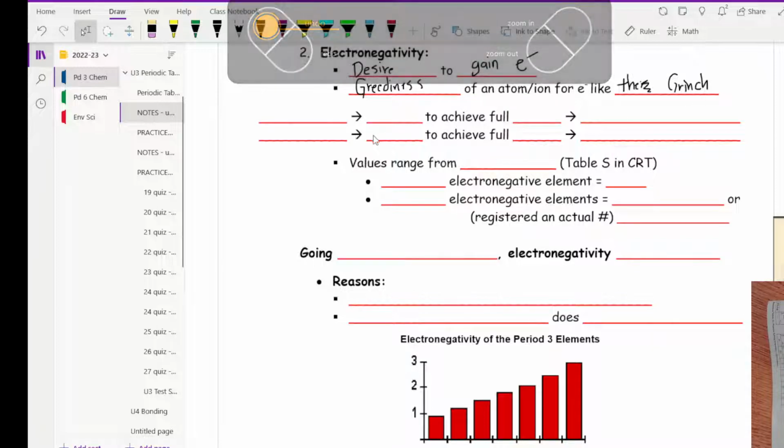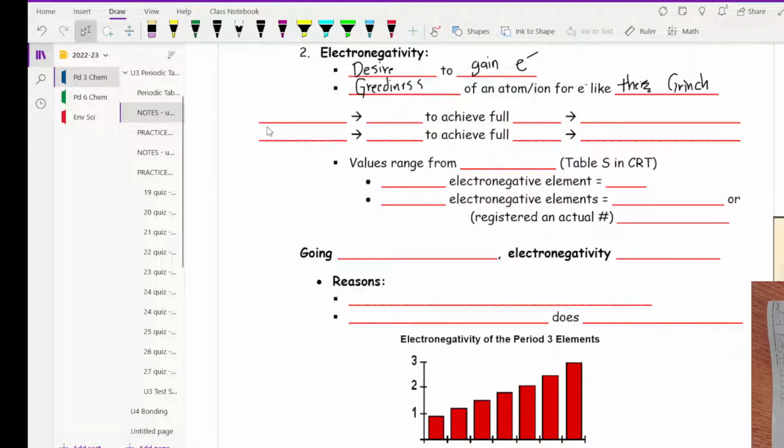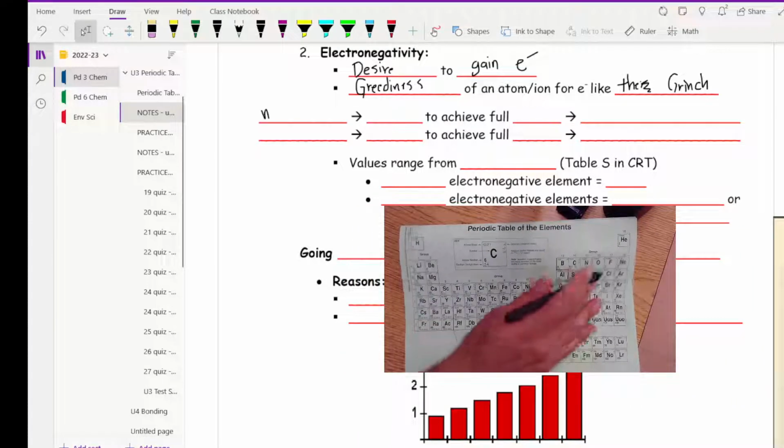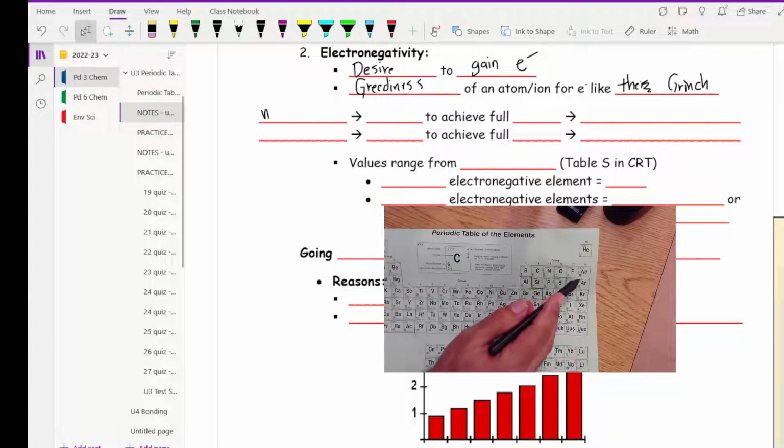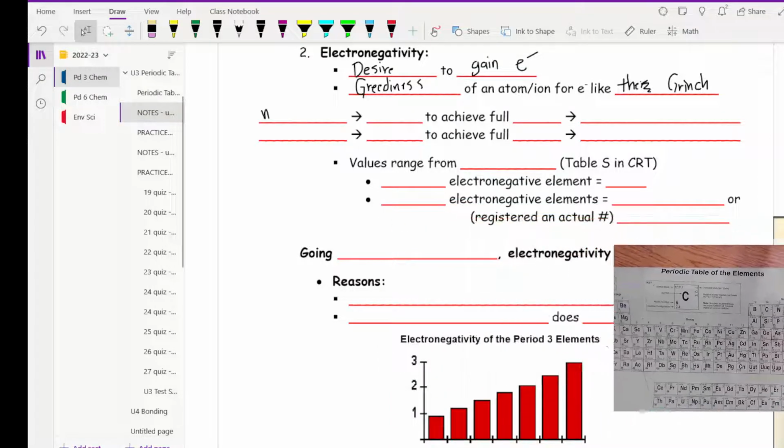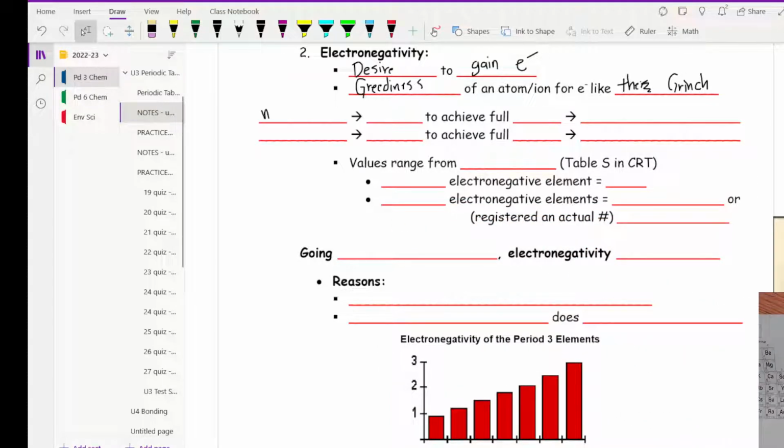The Grinch. Okay. And so the first thing we want to recognize is that nonmetals, those towards the right on the periodic table, will have high electronegativity. And so when we think about them, we want to think nonmetals.